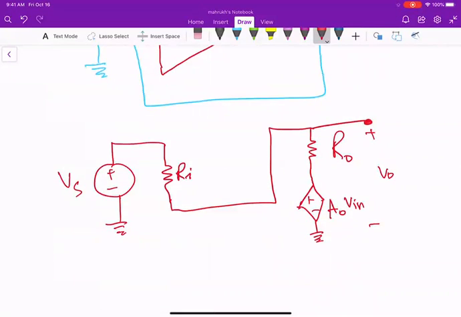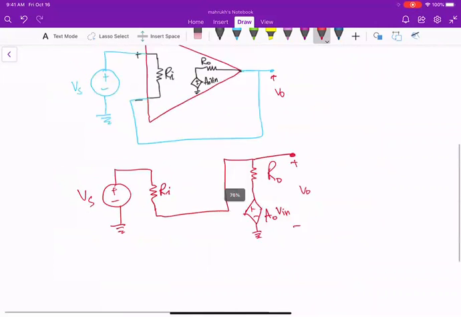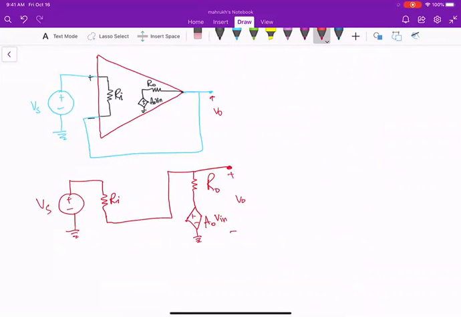Does this make sense? Yeah, it makes sense. Do you have any question about how we drew this circuit?